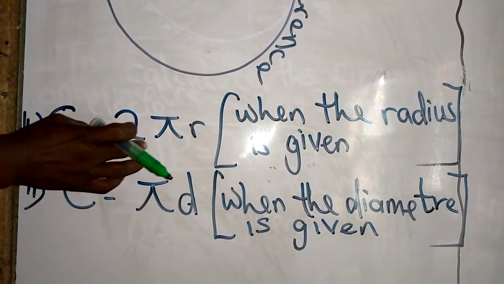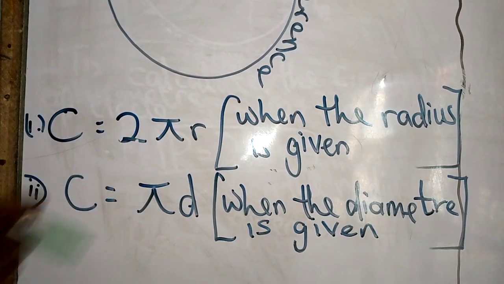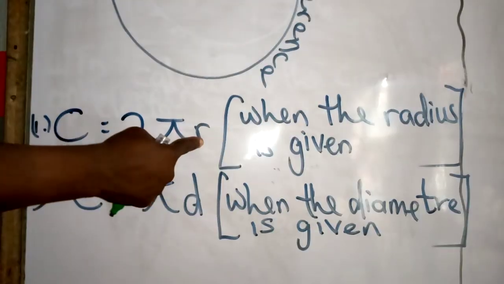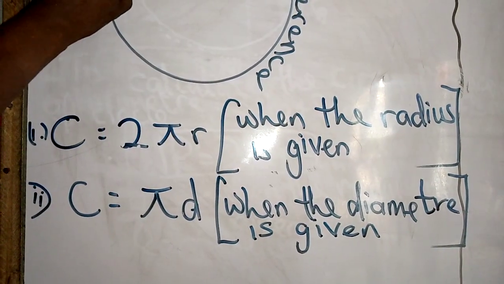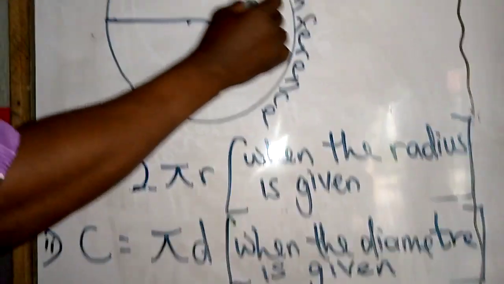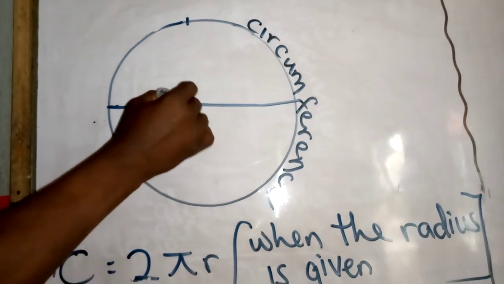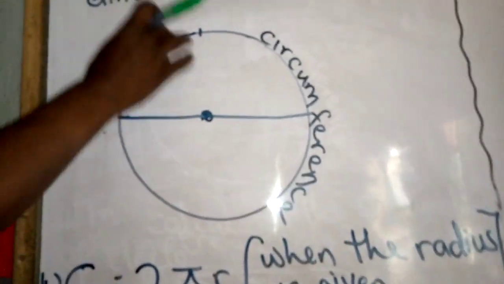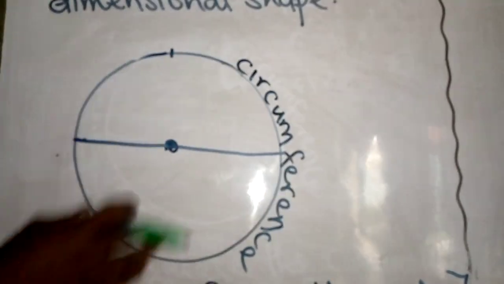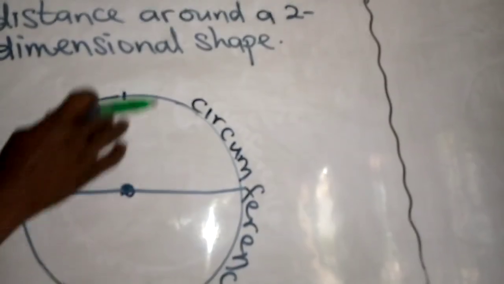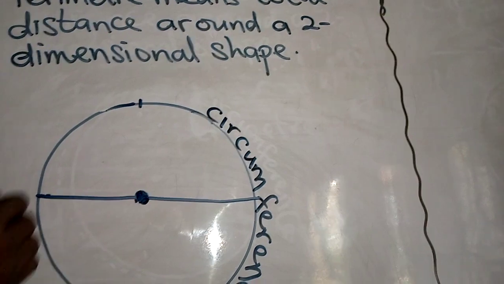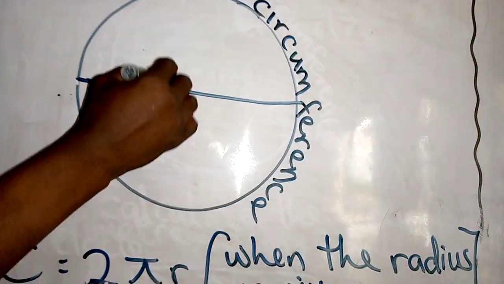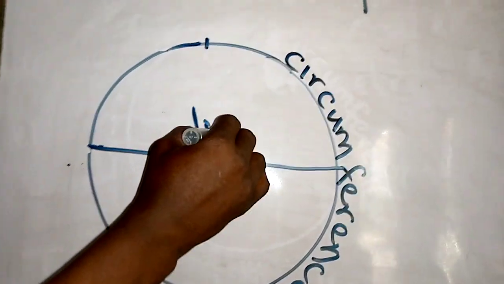There is a relationship between these two formulas. Remember that two radius will give you diameter. So this is a diameter. A diameter is a line that divides a circle into two equal parts. From here to here, this is what we call diameter.